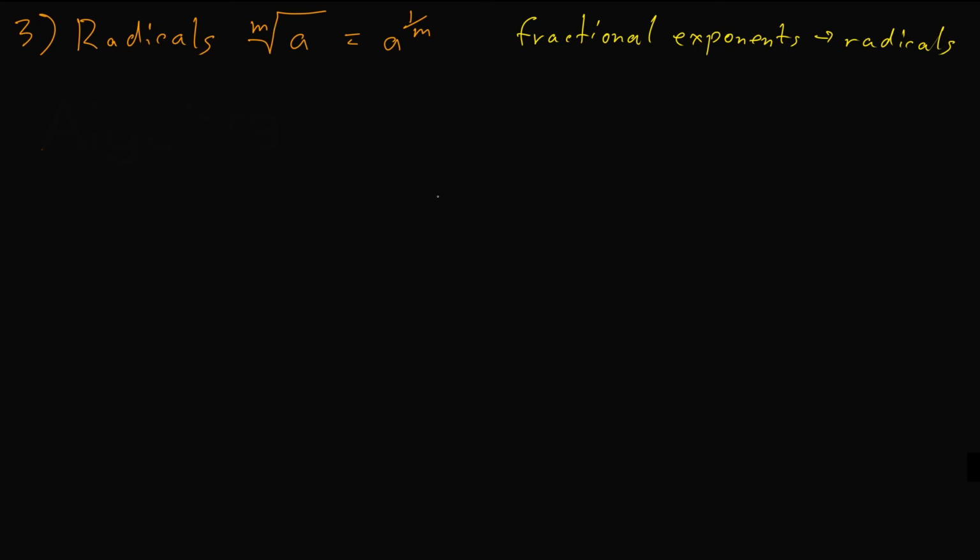Okay, let's look at an example here. So let's say we have r squared times the square root of r. Okay, now square root, remember, means there's a little 2 in here. So we can rewrite this as r squared times r to the power of 1/2, right? Because remember, it's like there's a little 2 over here. So we just follow this rule, that's r to the 1/2, and we can combine these together using our first rule, right?